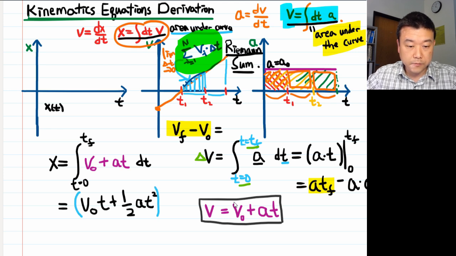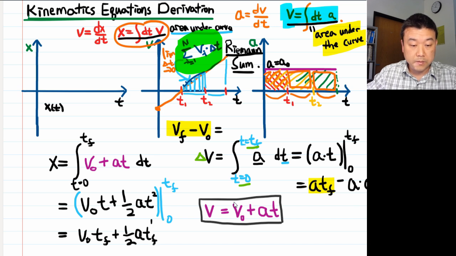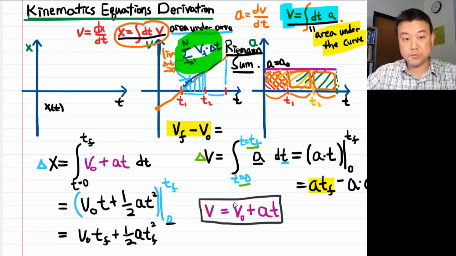The time goes from 0 to the final time, t final. So that's equal to, plugging in t final, v0 t final plus 1/2 a t final squared. And when I plug in 0, I'm going to get 0 for both terms, so nothing. And don't forget, the left hand side isn't actually x when you do it this way.